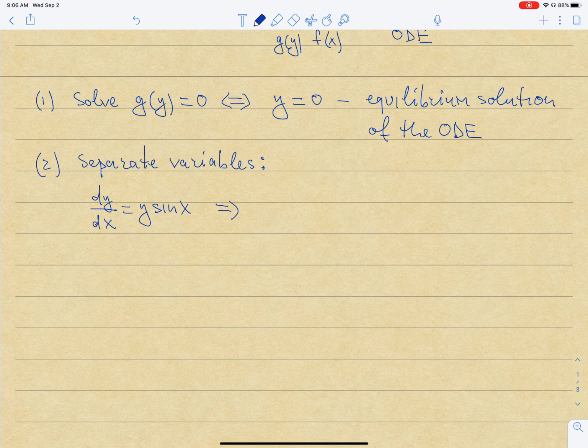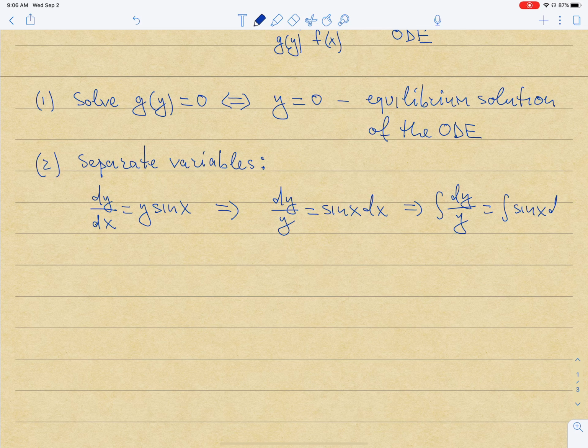Then separating variables gives me dy over y equal to sine x dx. And then on the next step, I integrate both sides of this equation. Integral of dy over y is equal to the integral of sine x dx.